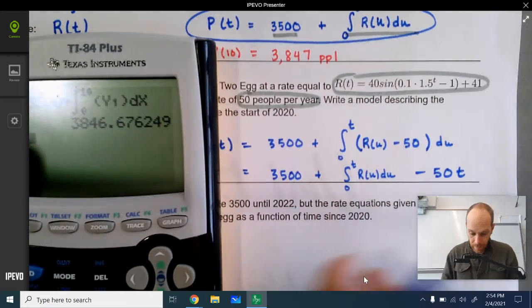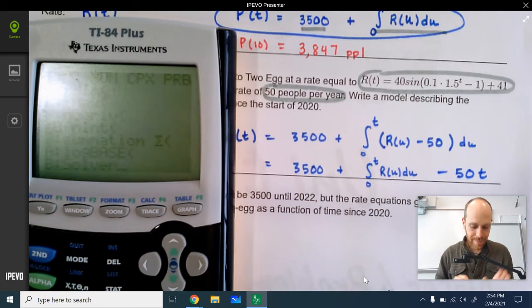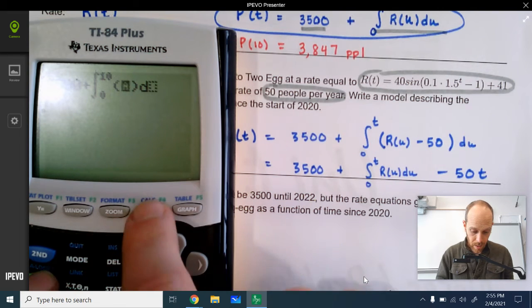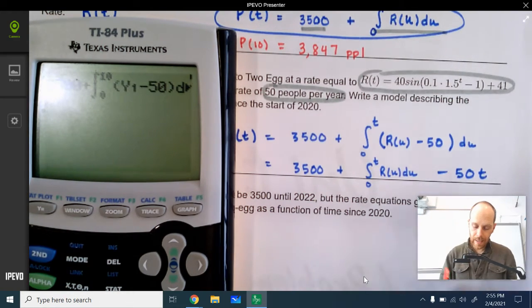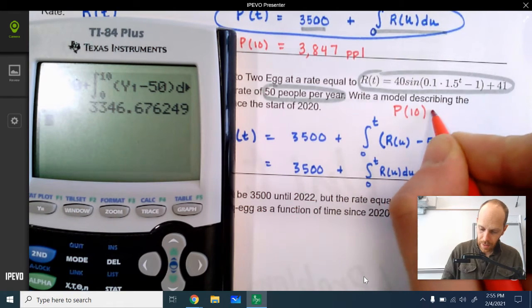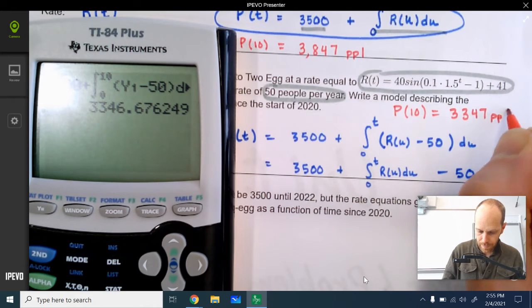Okay, and let me show you that this works. If I go 3,500 plus the integral from 0 to 10 of y1 minus 50 dx, that's going to give me the predicted population in the year 2030, which is, what is that, 3,347 people.